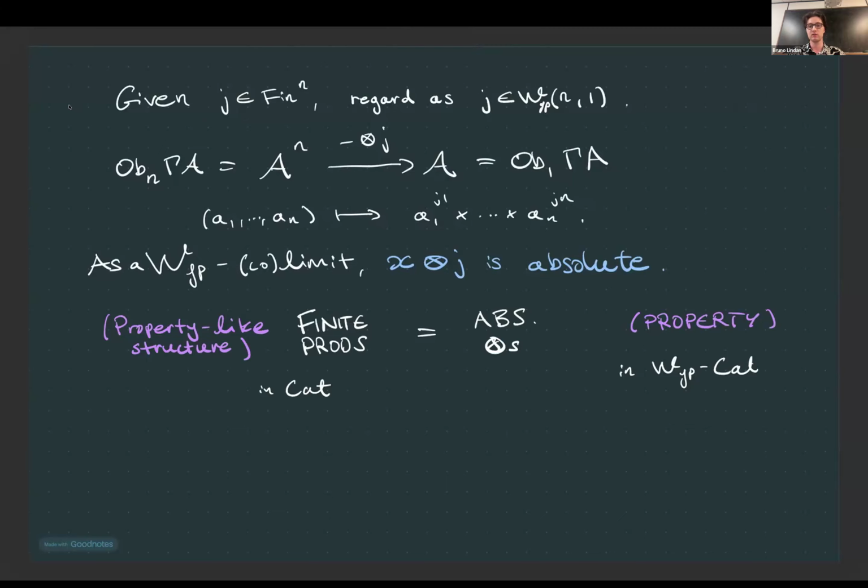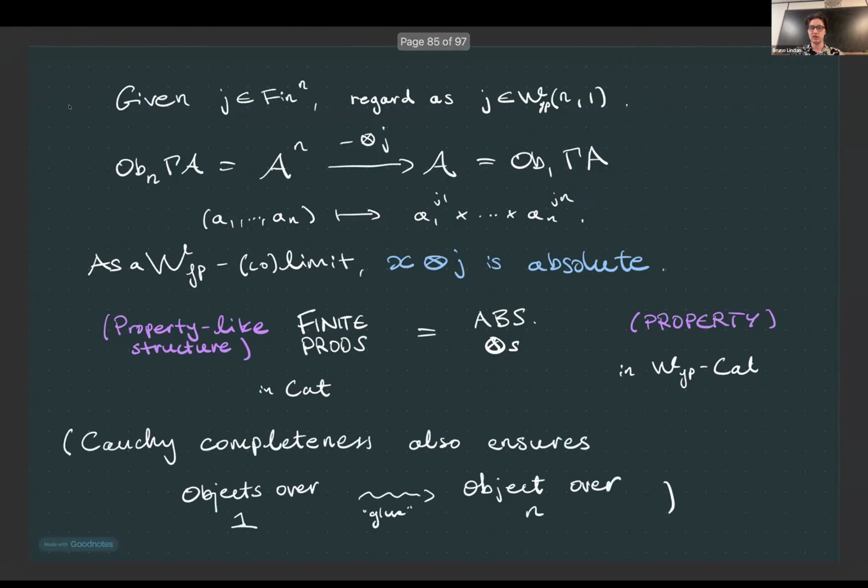WFP enriched categories. And again, I said right at the beginning that there was something extra as well, and I've hinted at it, because the one problem is that if you just take an arbitrary WFP category, there's no guarantee that the objects over n, which essentially says that you can glue objects over one into an object over n.